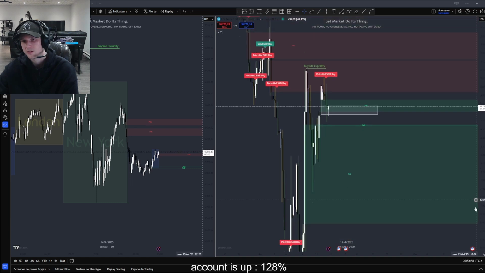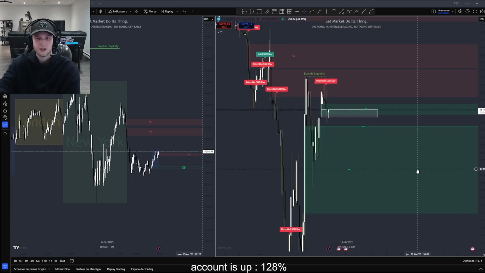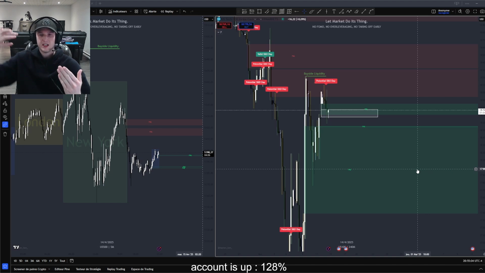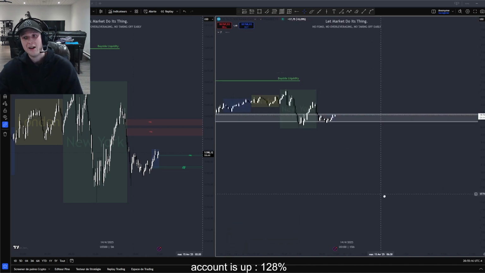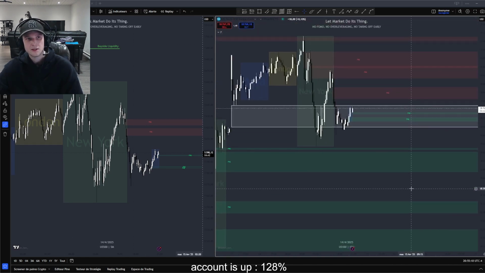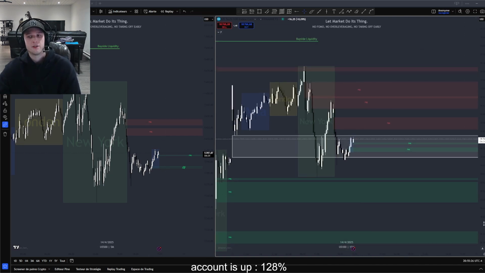We use them as possible draws on liquidity if indicated, if there's displacement towards it, if we can build a narrative around it, okay? If there's a reason to get there. If there's no reason to get there, there's no reason to even think about taking a trade in the first place, okay? So what I'm usually interested in is 15 minutes, 5 minutes, 1 minute, 15 seconds as well, and sometimes the hourly fair value gaps.